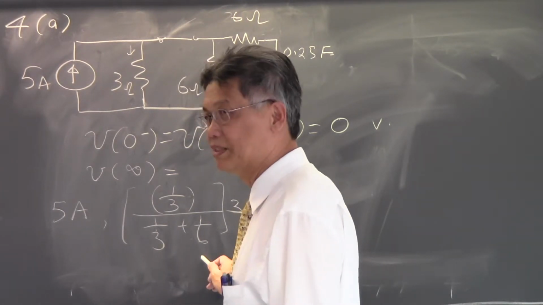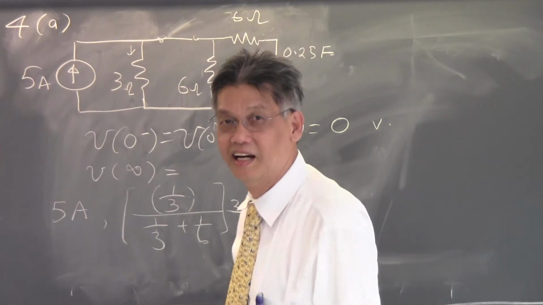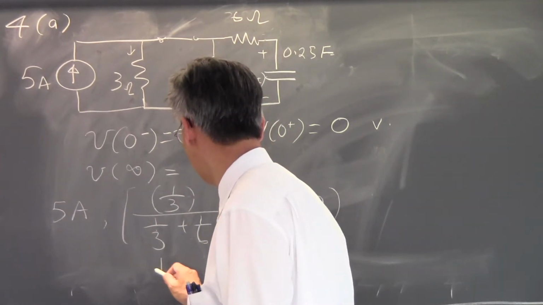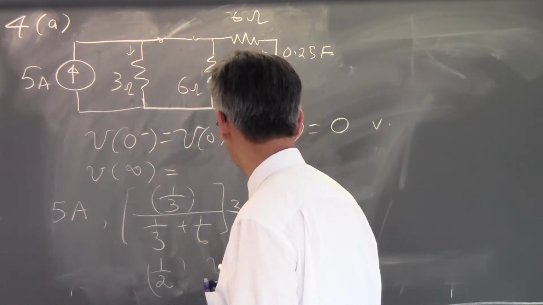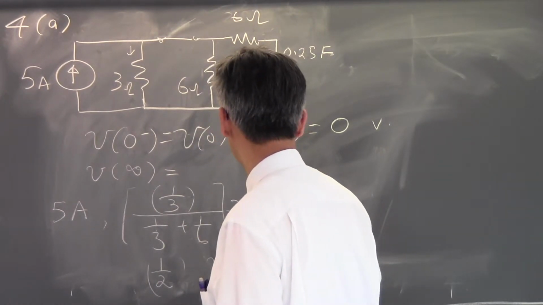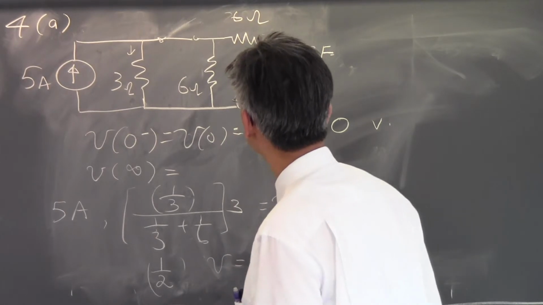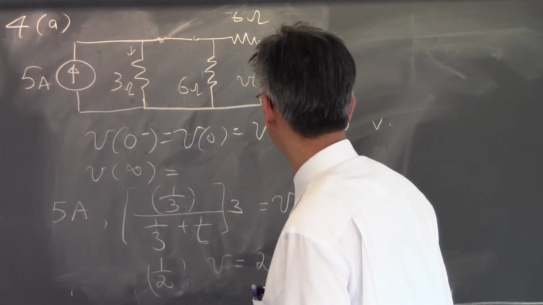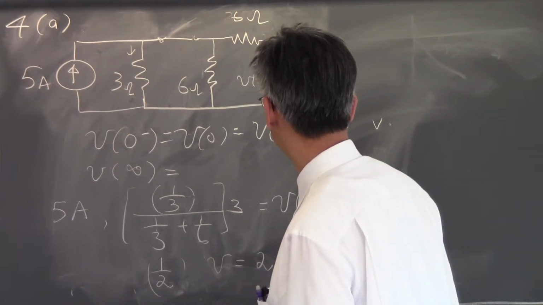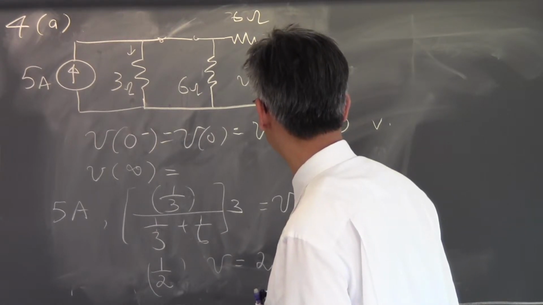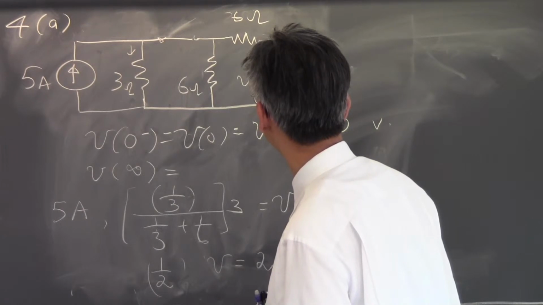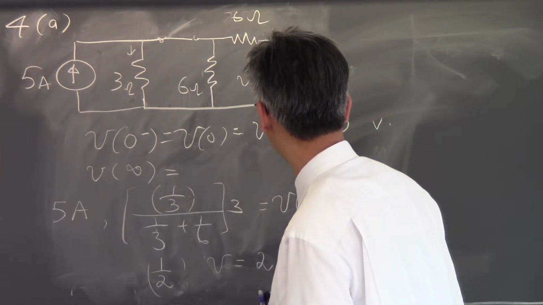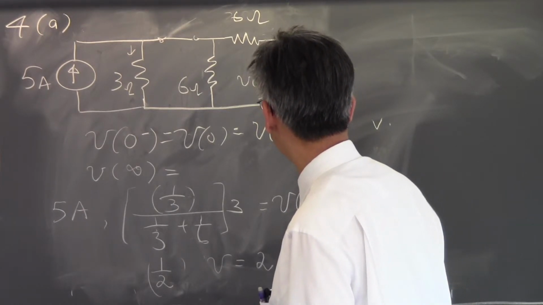What is 1/3 plus 1/6? 1/2, right? So if you reciprocate this, you get 2. Times the current, which is 5. This should be 5, right?